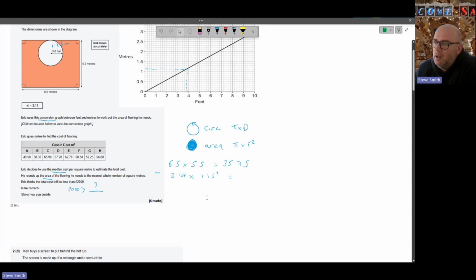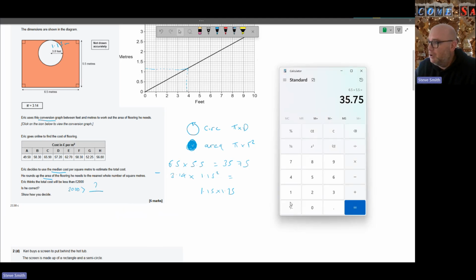The circle part, if we've got pi times radius squared, thinking of BIDMAS, we need to do this part first because brackets, there's no brackets. Indices, yes, that's an indices. There's a squared. So we're going to do 1.5 times 1.5 first, okay? And then we'll multiply it by 3.14.